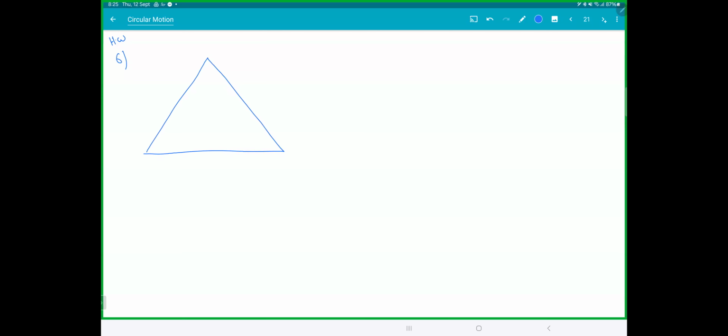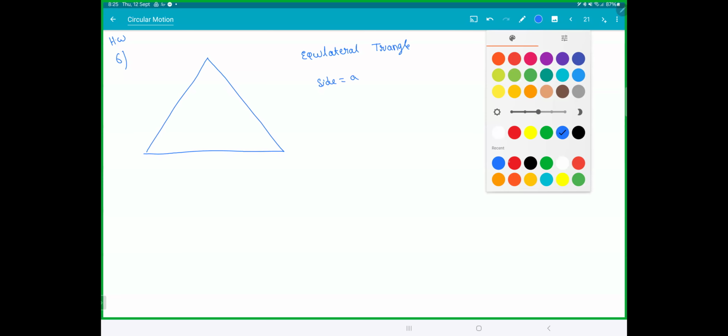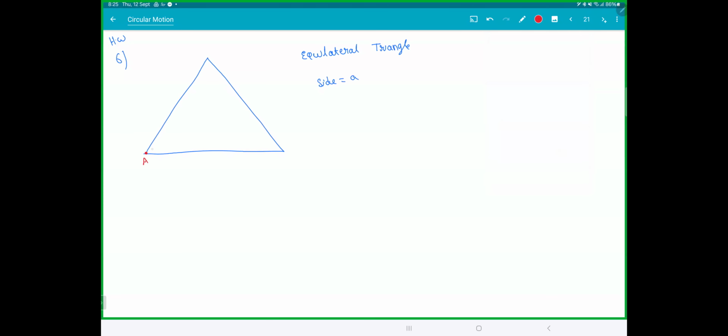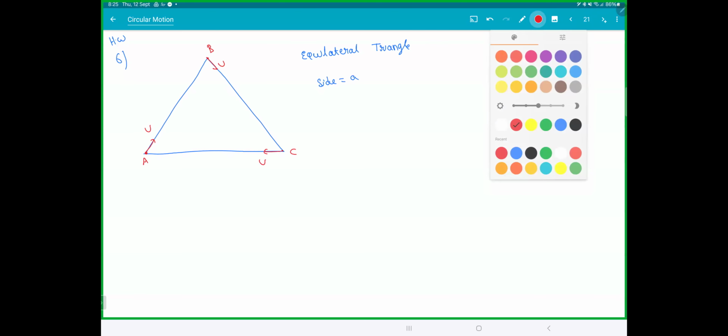We have an equilateral triangle, side A. We have three particles. A is going with U, B going with U, C going with U. They are chasing each other.